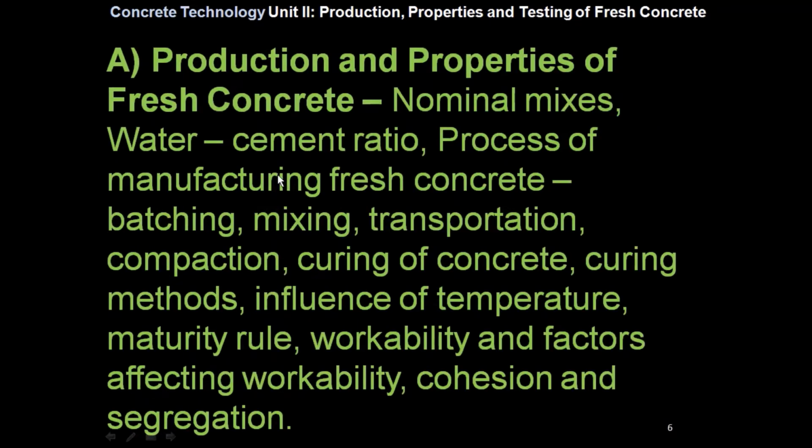So we will see the part A, that is production and properties of fresh concrete, which includes nominal mixes, water cement ratio, process of manufacturing fresh concrete, batching, mixing, transportation, compaction, curing of concrete, curing methods, influence of temperature, maturity rule, workability and factors affecting workability, cohesion and segregation.